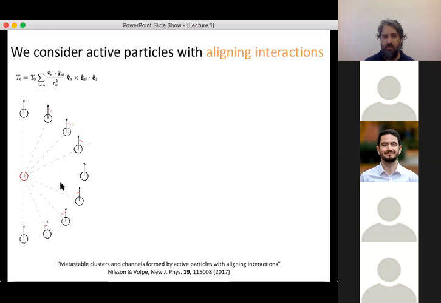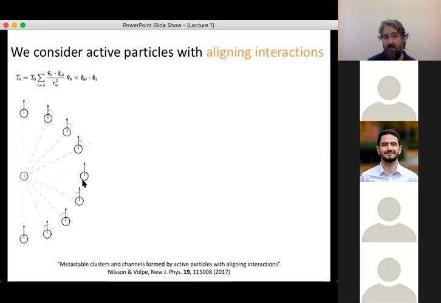So the idea is the following. Imagine that you have a particle here and an active particle coming from this direction. If the particle comes straight against the particle, there is no torque acting on this particle. If the particle comes along this from the back, then the particle tends to get aligned towards the red particle, more aligned, less aligned.